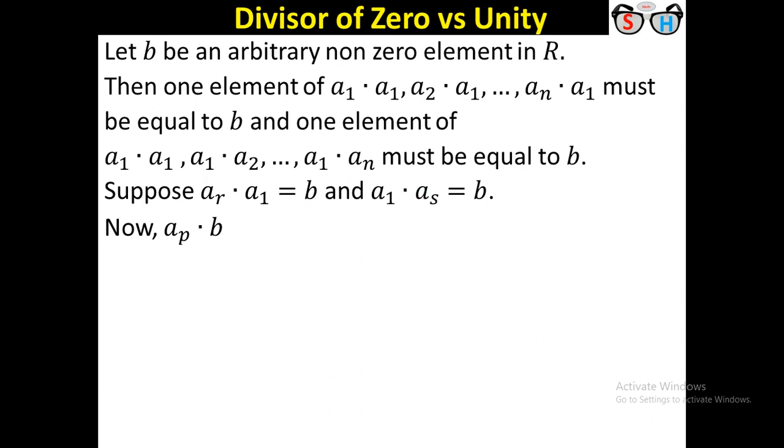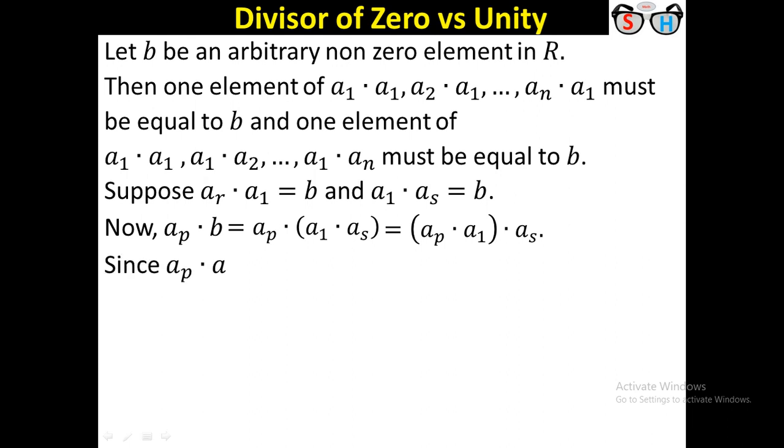If I take the value of B as A1·AS, then this will be FE·A1·AS. Since multiplication is associative, we can calculate FE·A1 first, that is, put brackets around FE·A1. Again, you know FE·A1 is A1, because on the previous page you saw that FE plays the role of left identity.